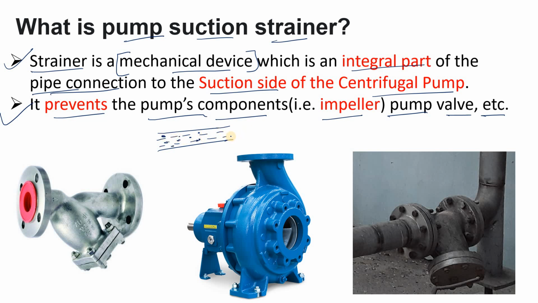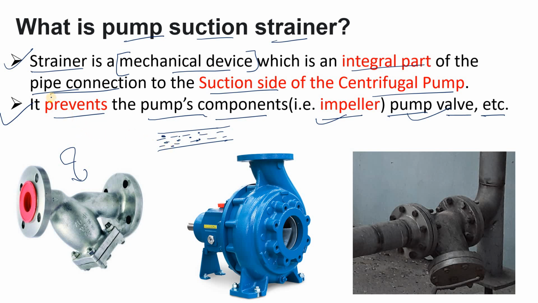If the strainer were not there, it could damage our pump's components like the impeller and pump valve. That's why the strainer is used to filter the solid particles from the fluid. Got my point?